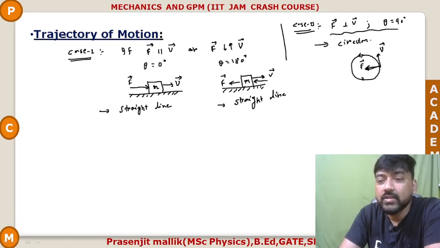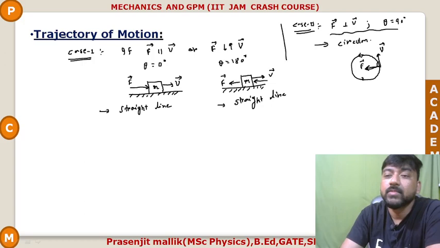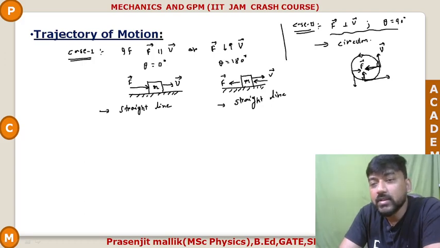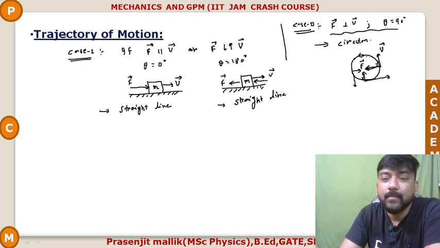So you can see the angle between F and v will always be 90 degrees. If the velocity is along this direction, then the force is along this direction. Similarly here, if the velocity is along this direction, the force is along this direction. At each and every point, your velocity vector will be perpendicular to the force, and so the trajectory of motion will be circular.